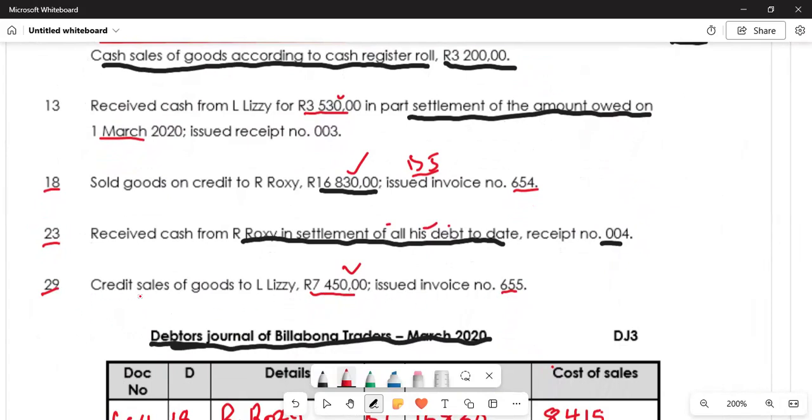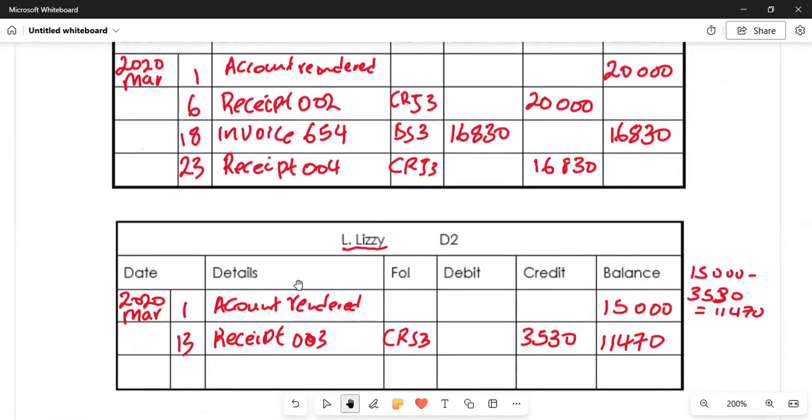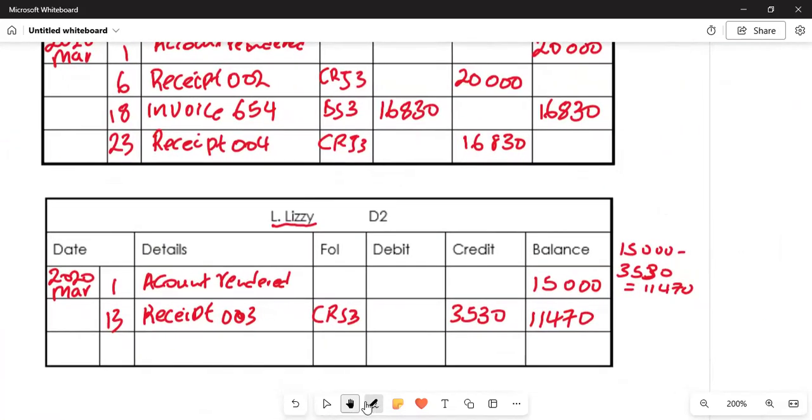So we again sell our goods on credit to Lizzie, which amount to 7,450. So we are going to record this on the debit side because these amounts represent what we are owed by Lizzie. So it is strictly going to go to the debit side on the 29th.